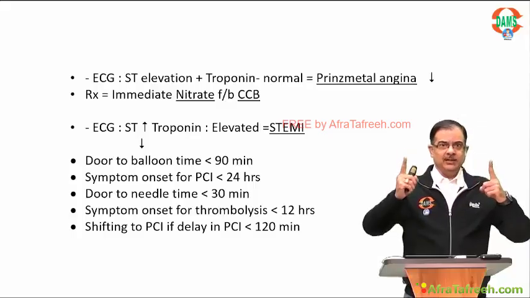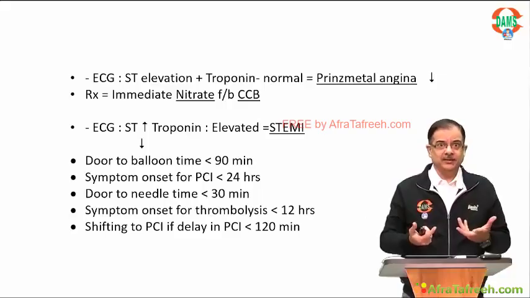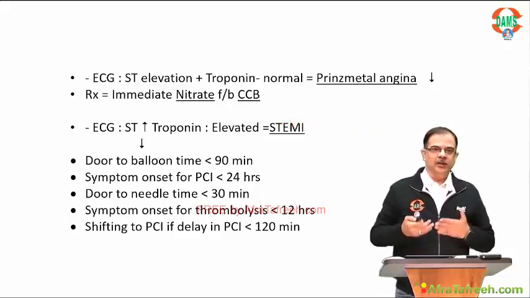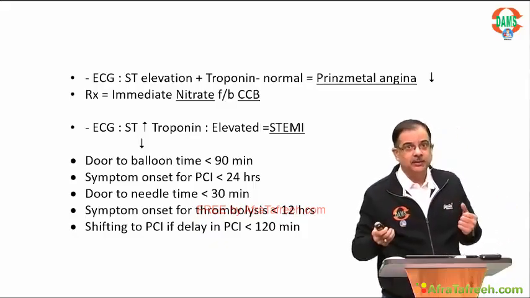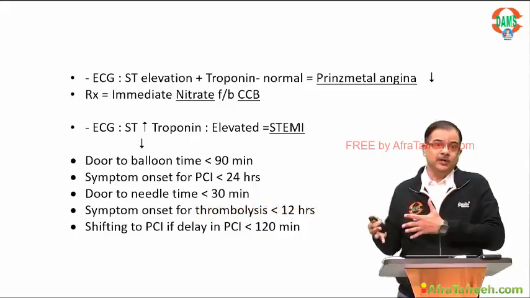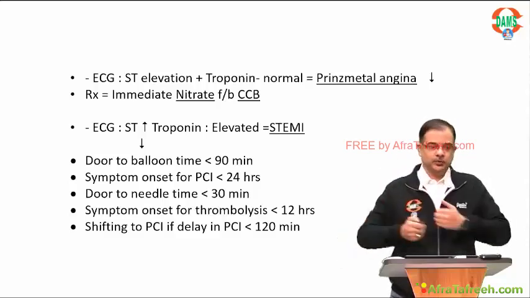If that combined expected delay is less than 120 minutes, we will shift the patient to a larger hospital. If the delay in shifting is more than 120 minutes, then we will thrombolize the patient in the small hospital.